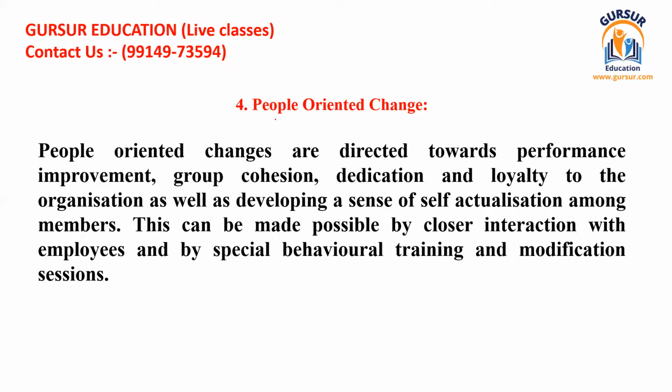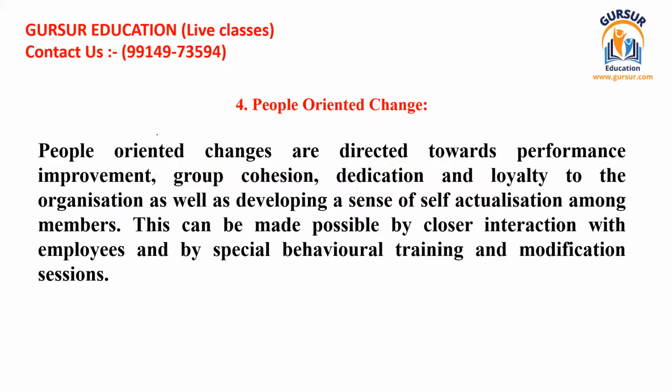The fourth one is people oriented changes. When you change people on different bases, like you create teams, formal or informal, you create groups, committees, partnerships, these are known as people oriented changes. These changes are directed toward performance involvement, group cohesion, dedication, and loyalty to the organization.